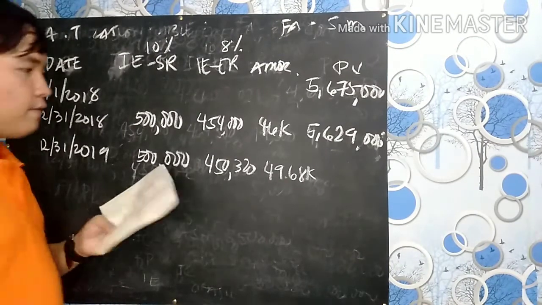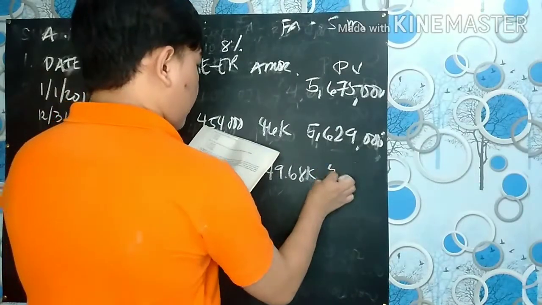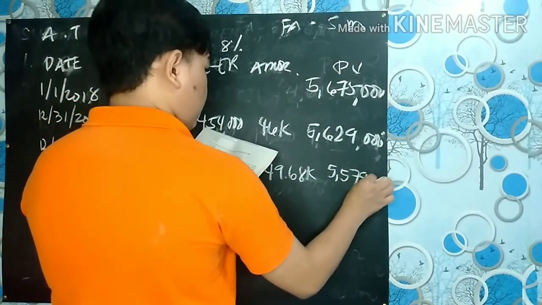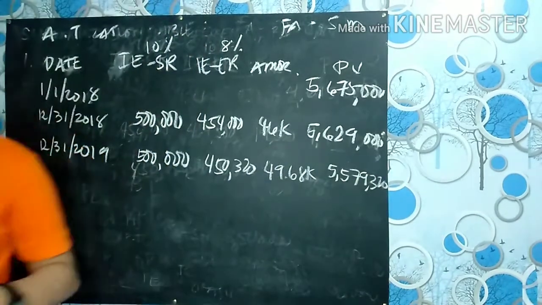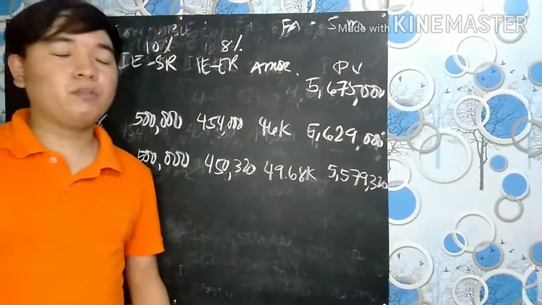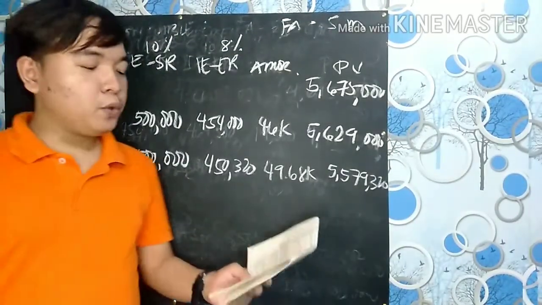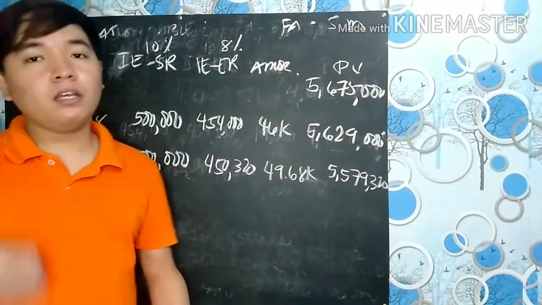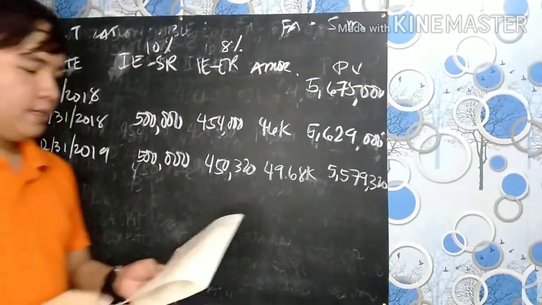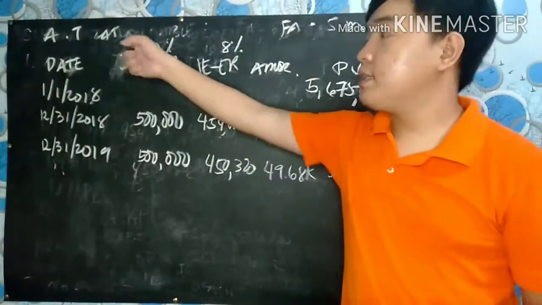So, the answer for number 2 is 5,579,320. Okay, yan po yung magiging carrying amount ng bonds payable natin on December 31, 2019. Paano naman kapag tinanong yung 2020 and so on and so forth? Tuloy-tuloy niyo lang po ito. So, that's why gumawa po kayo ng amortization table.